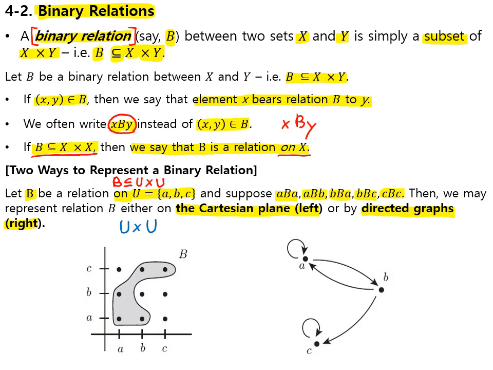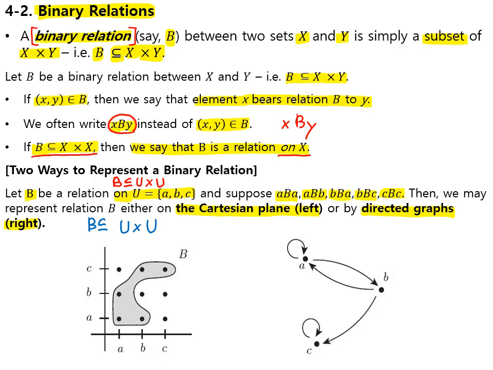Among these 9 dots, the binary relation B is a subset of U times U that picks out certain members while leaving out other members from the Cartesian product of U.